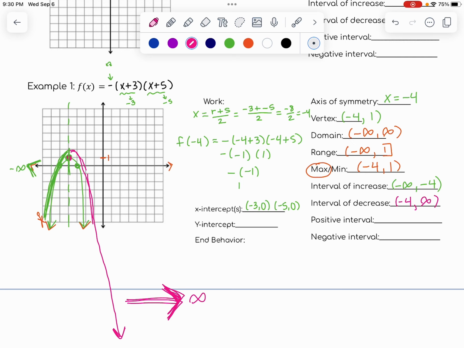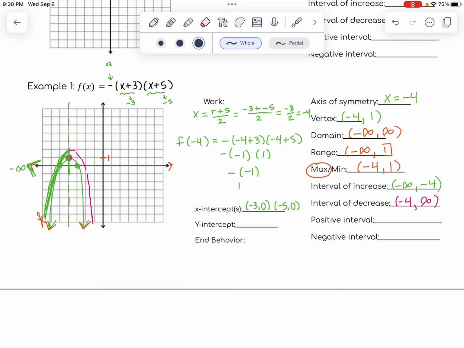All right, let me erase this and then let's talk about the positive and negative intervals. These ones are broken up by the x-intercepts, because the positive intervals are where y's are positive, which happens above the x-axis.